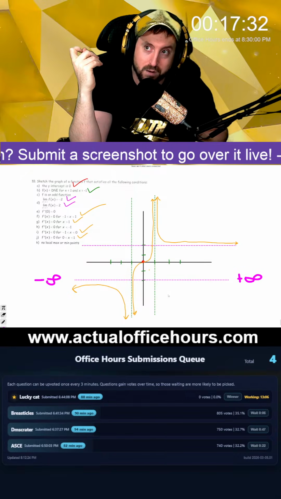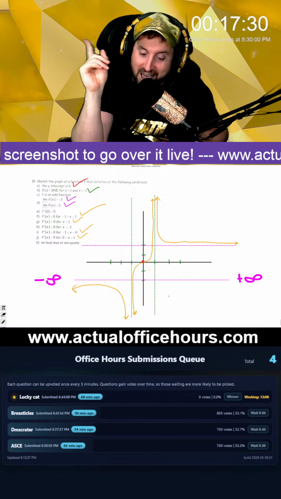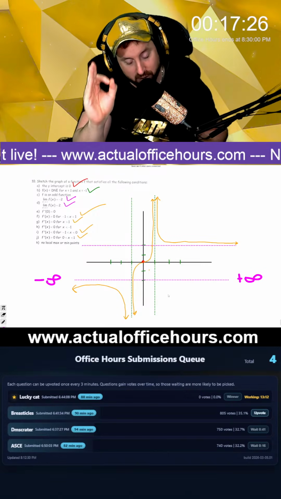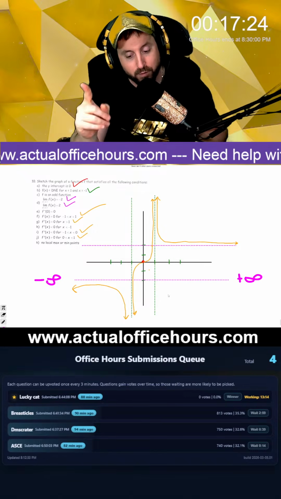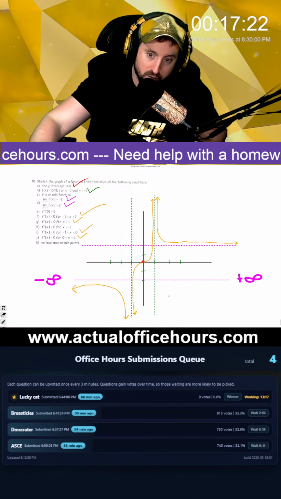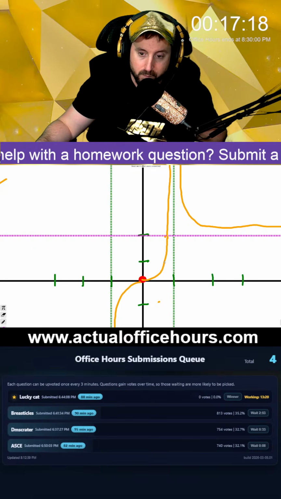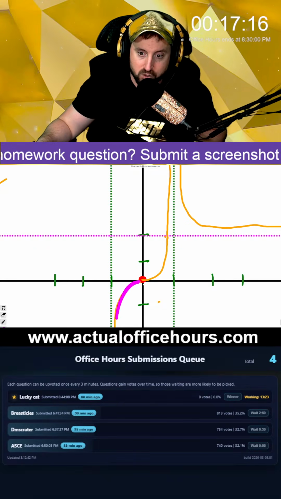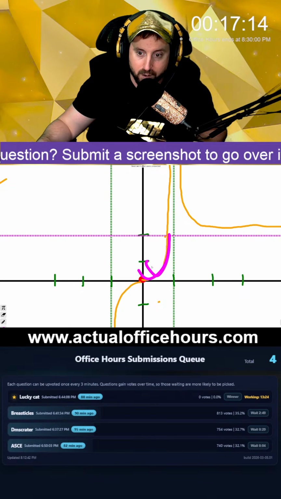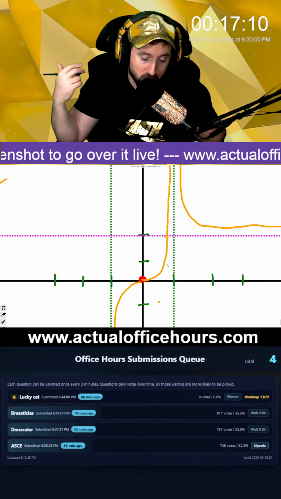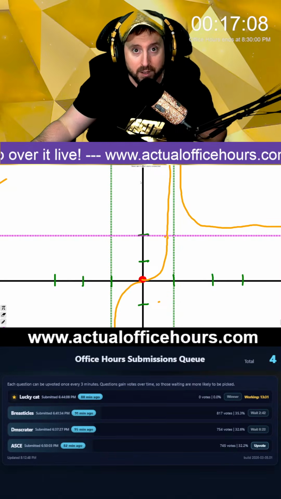In order for there to be an inflection point, you also need the concavity to change. So the second derivative has to be 0, but you also need the second derivative to change sign across the two points. So here, this changes from concave down to concave up. And we say the second derivative is 0 there, so that's okay, being an inflection point.